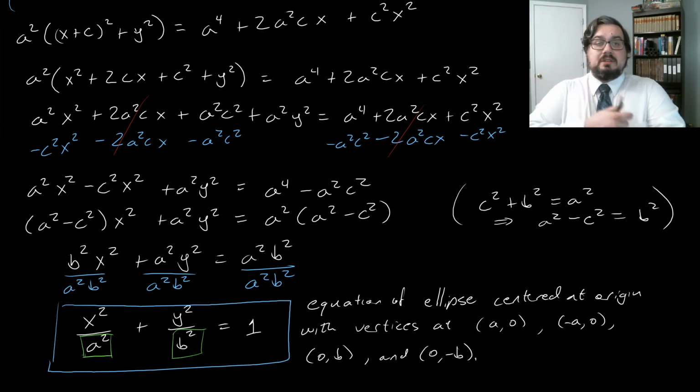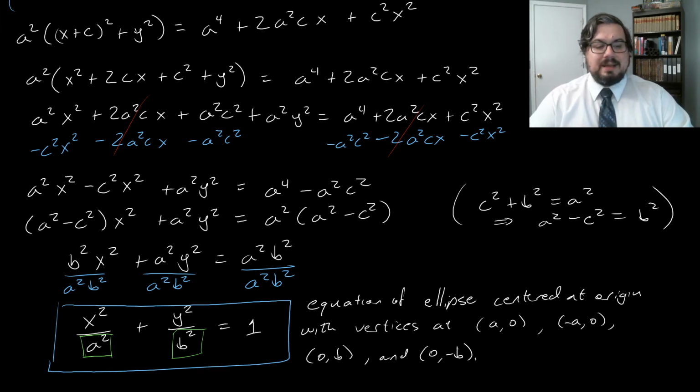The only thing is that the a squared and the b squared are flipped, because we said at the beginning of the process that we wanted a to be the longest distance and b to be the shorter one across the ellipse, or to determine those numbers. So we have this equation which determines the ellipse.